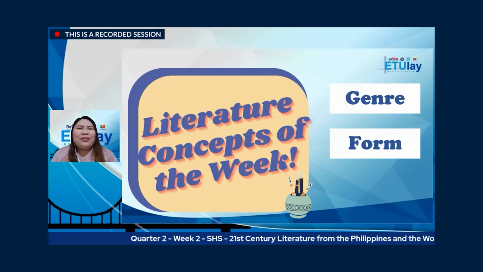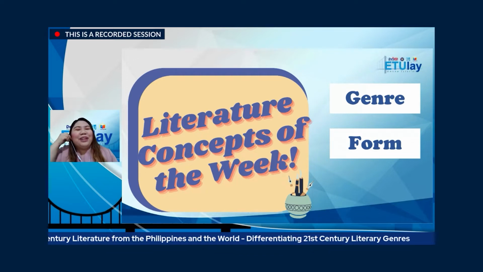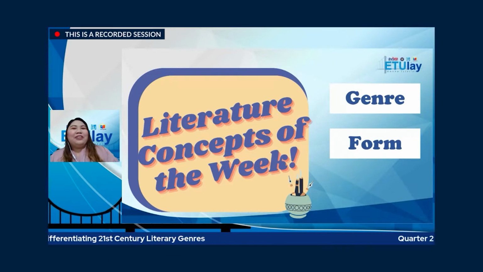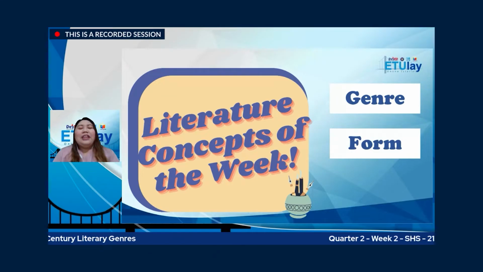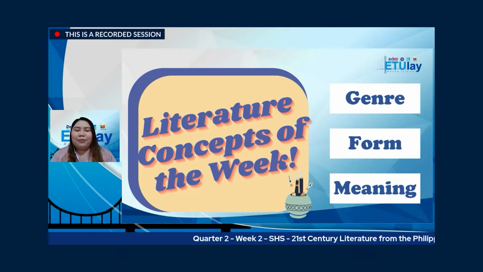Consider literary forms like the roots of the literary family tree. Imagine how amazing that is. We have the branches already, and then we have the roots. Now, what is the third concept? The third one is meaning.